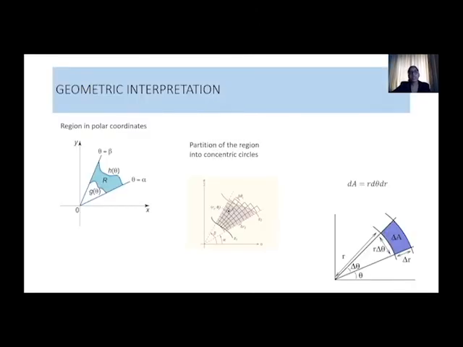Like we know, while determining the integral and the double integral, we considered the region which is given to us and we had partitioned it, right? In case of line integrals, we had partitioned it into sub intervals, and in case of our double integrals, we had partitioned it into rectangular regions.